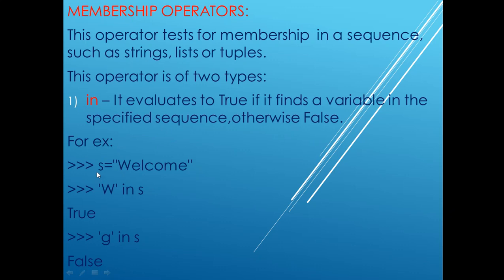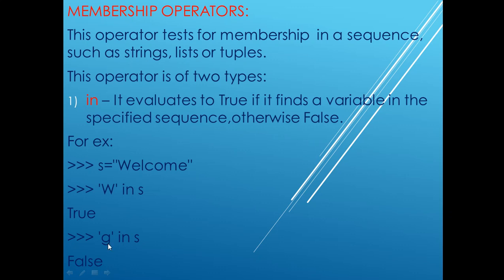The string welcome is assigned to the variable s, and then with the help of the in operator you have given one character, w in s, meaning you are testing whether w is present in s or not. s is the variable where welcome is stored, isn't it? So w is present in welcome, so it will return true. Yes, it is present.